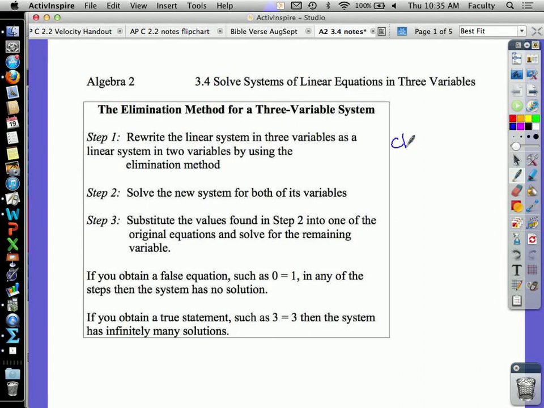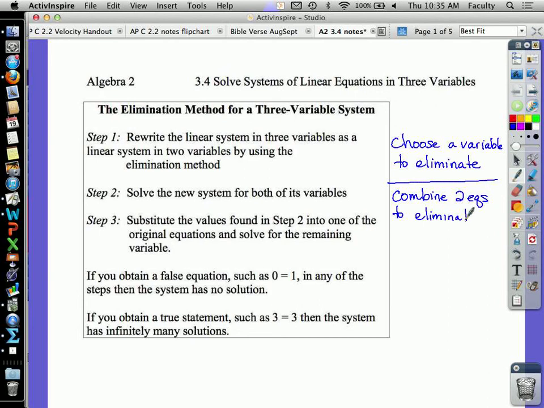What you're really going to want to do is choose a variable to eliminate, and then you combine 2 equations to eliminate that variable.